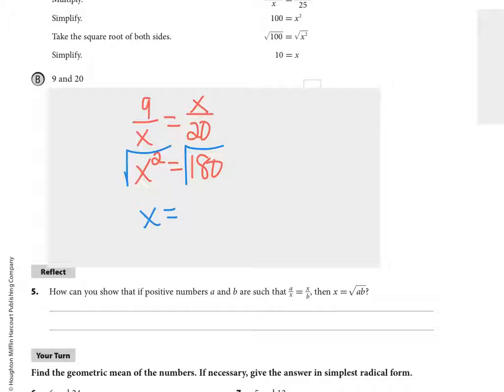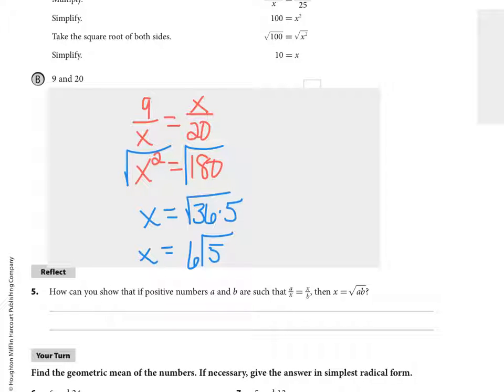And in the book, it's going to reduce these things like 36 times 5. And the square root of 36 is 6. And I'm left with a 5 in there. But we will do decimals and whatnot.